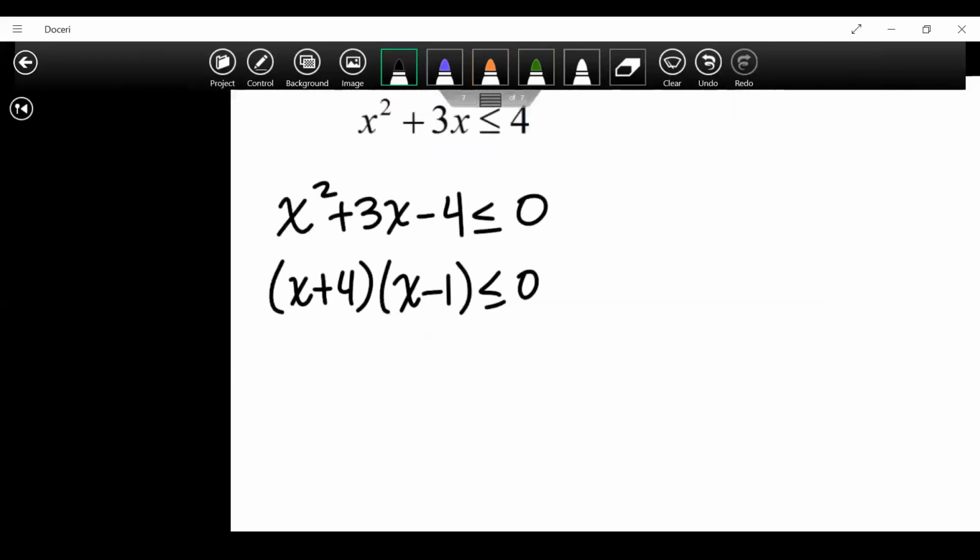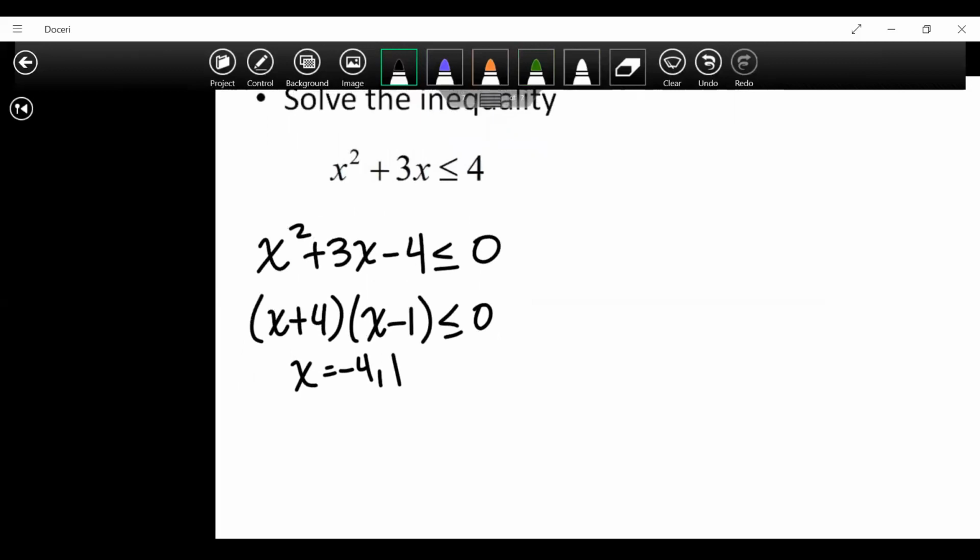What would be my solutions? X equal to 1. Perfect. If you have a question, let me know. What's up? Okay, let's see how you graphed it.